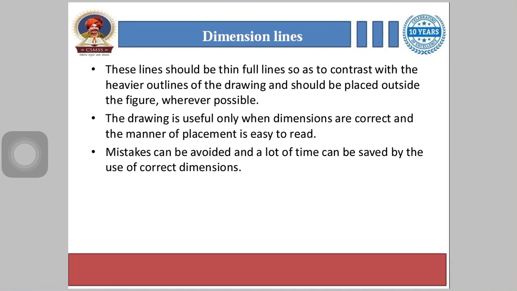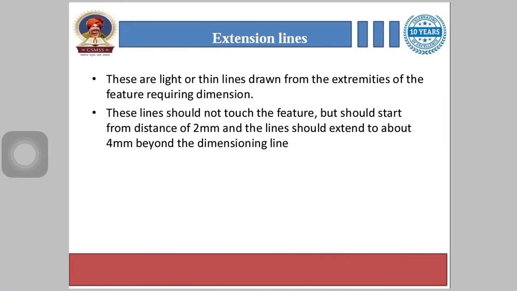These lines should be thin full lines so as to contrast with the heavier outlines of the drawing, and should be placed outside the figure wherever possible. The drawing is useful only when dimensions are correct and the manner of placement is easy to read. Mistakes can be avoided and a lot of time can be saved by use of the correct dimensions.